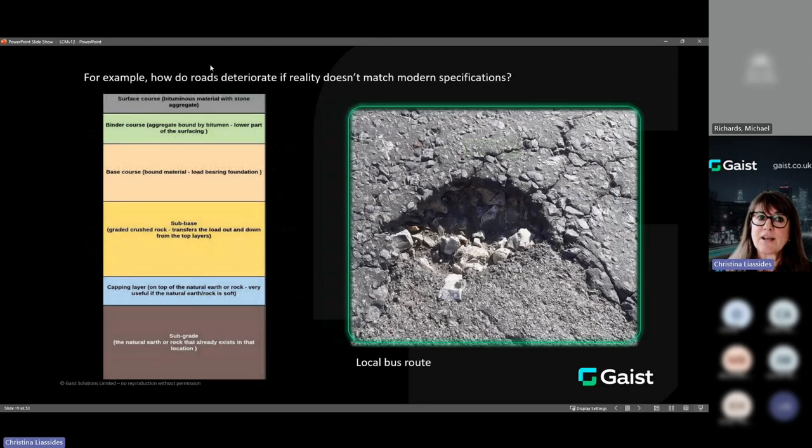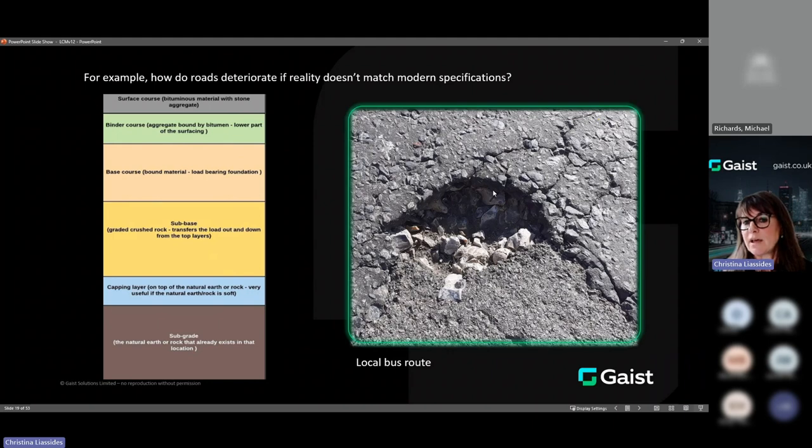Now, just to illustrate what we know about local roads, how do they deteriorate if the reality doesn't match modern specifications? So here you have an ideal way of putting in a bituminous structure for a road, from the specification for reinstatement of highway works.